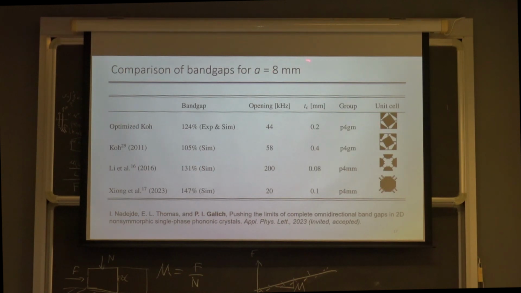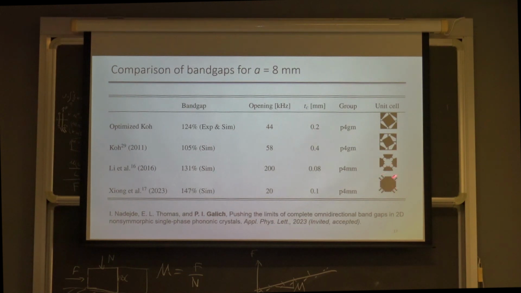And then we decided, okay, we will take the lattice size that we have, 8 millimeters, and try to see what their opening frequencies and connector widths would be. In the actual structure, they have super thin connectors, 0.1 millimeter, and we could not make it. The best that we could do is 0.2.